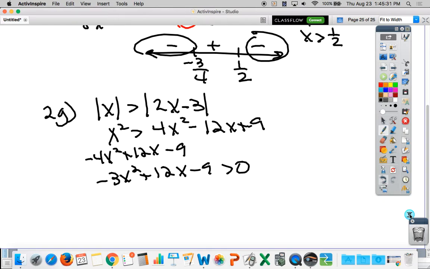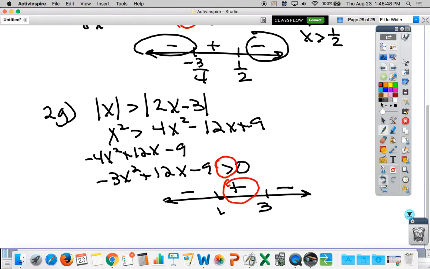Was this 1 and 3? Yeah. Negative, positive, negative. They want the positive section. So it's between 1 and 3.